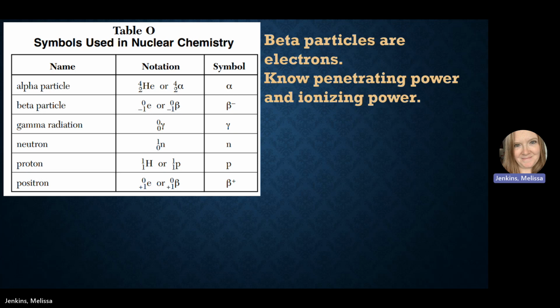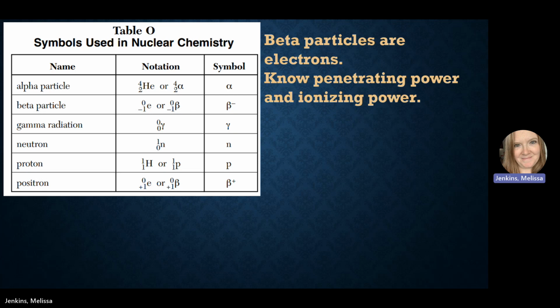You should know that the top number represents mass, and the bottom number represents charge, or atomic number if it's an element. And then you should know the difference between penetrating power and ionizing power. So penetrating power is the ability to pass through things, okay?